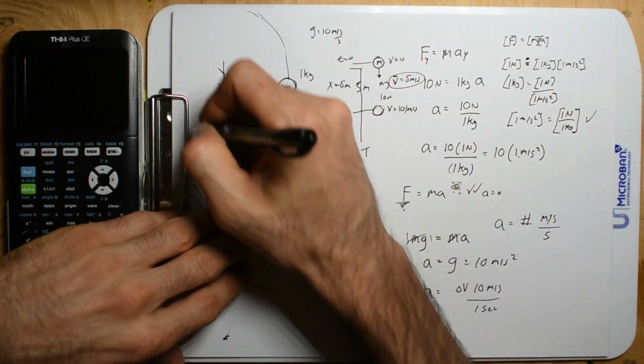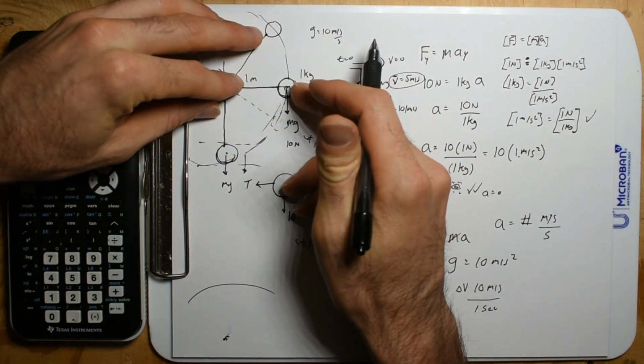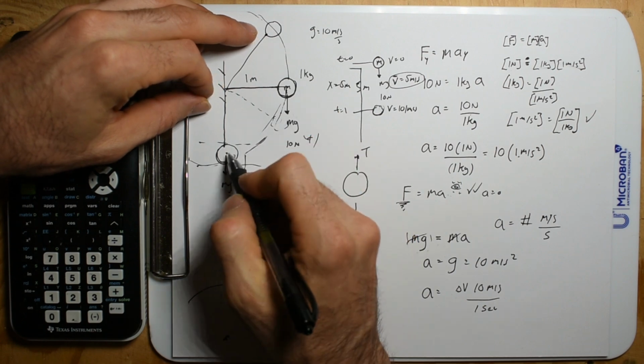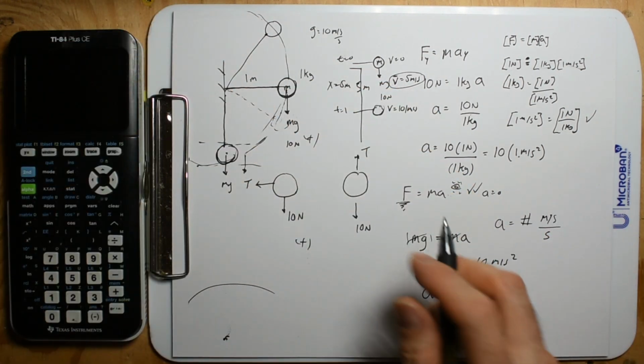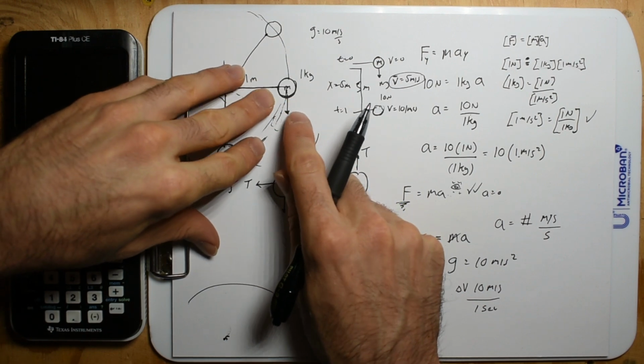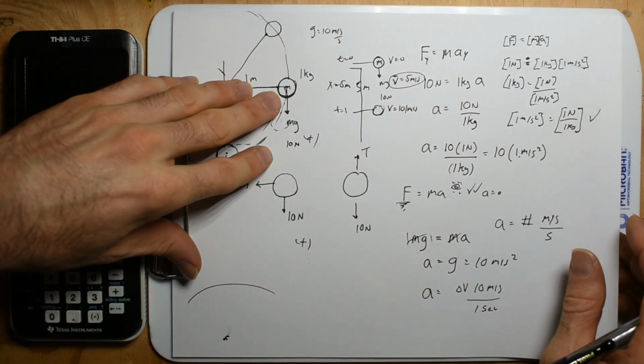So this thing already whooped almost all the way around here, and we know that acceleration isn't going to be the same down here as it is right there. That's the only thing about this problem that's kind of hard to visualize.